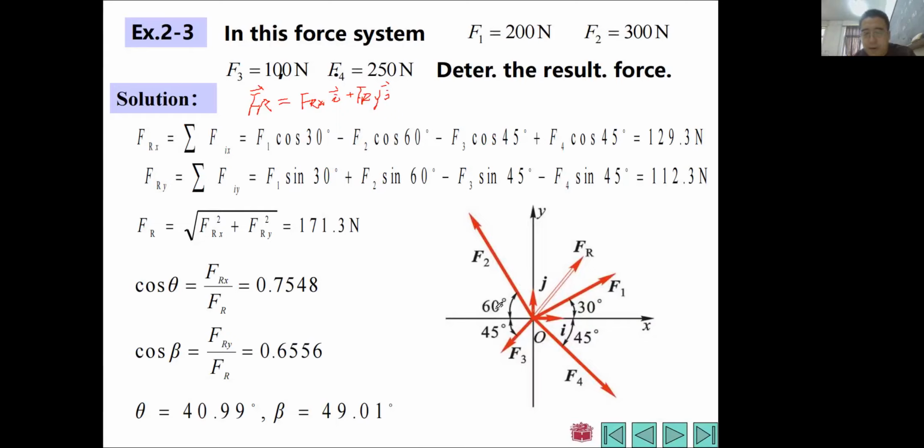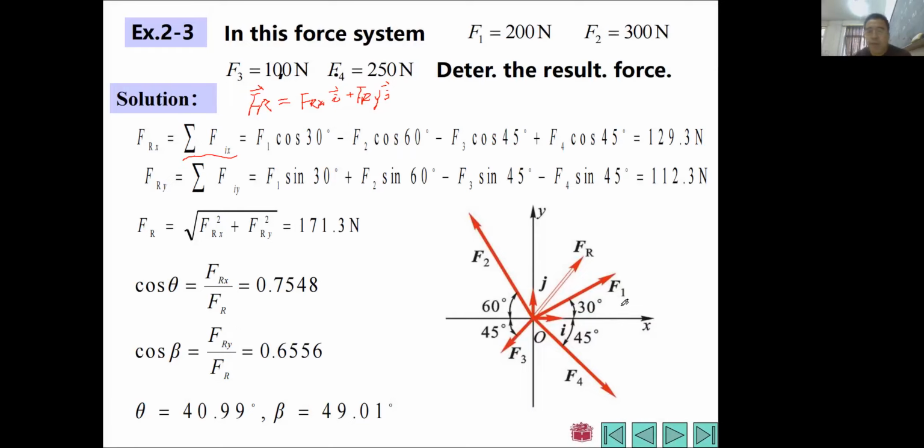Because this is a very simple force system, we only have 4 forces, we only need to project each force onto the x-axis and add its component accordingly, then we will find Frx. So you can see, Frx equals sigma Fix. That means we should project each force onto the x-axis, right?